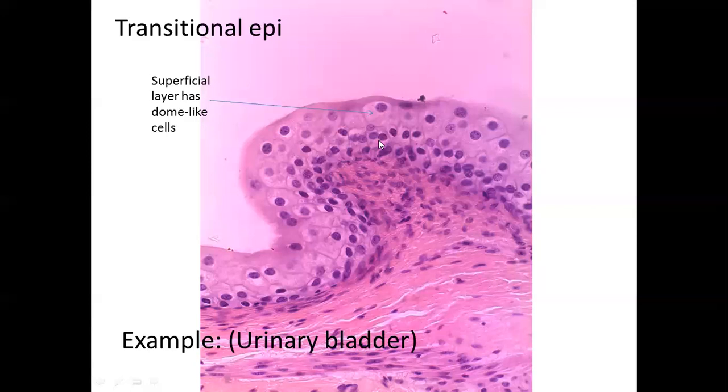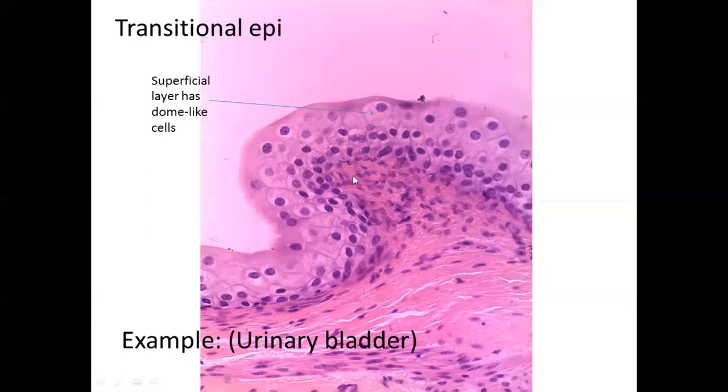Simple cuboidal consists of one layer, while transitional epithelium consists of more than one layer. Observe the nuclei: there is more than one layer of nuclei. For this reason we call this stratified, consisting of more than one layer.